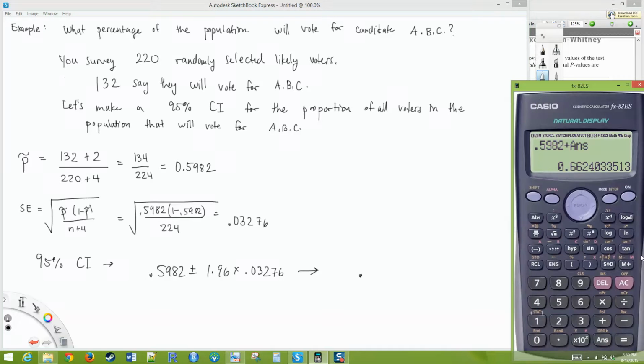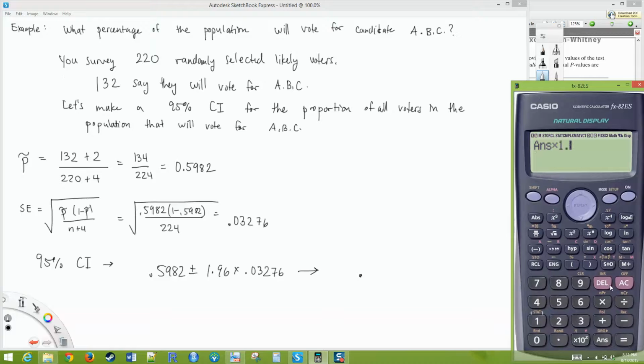Okay, let me try this again. 0.5982 times 1 minus 0.5982 divided by 224, and I take the square root of that. I'm getting the same number again.